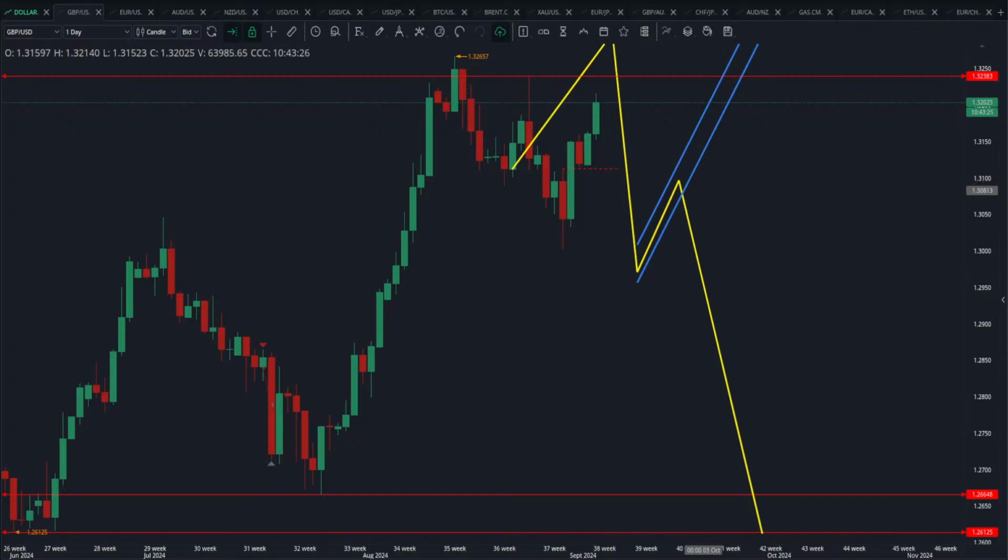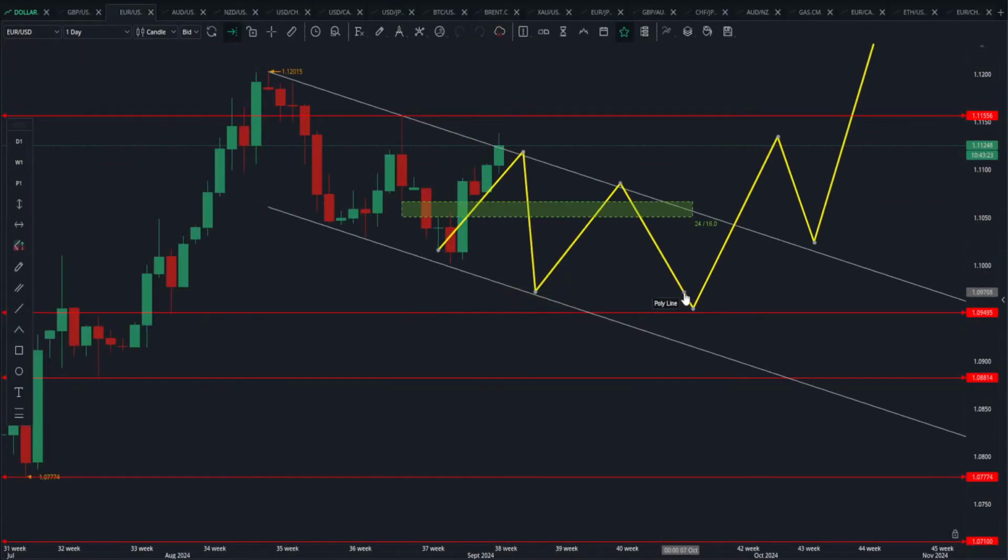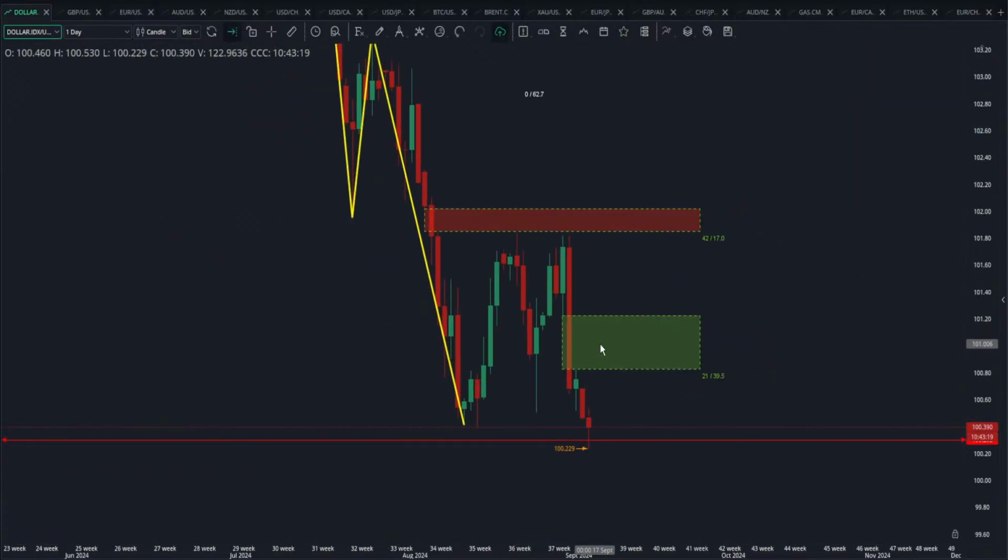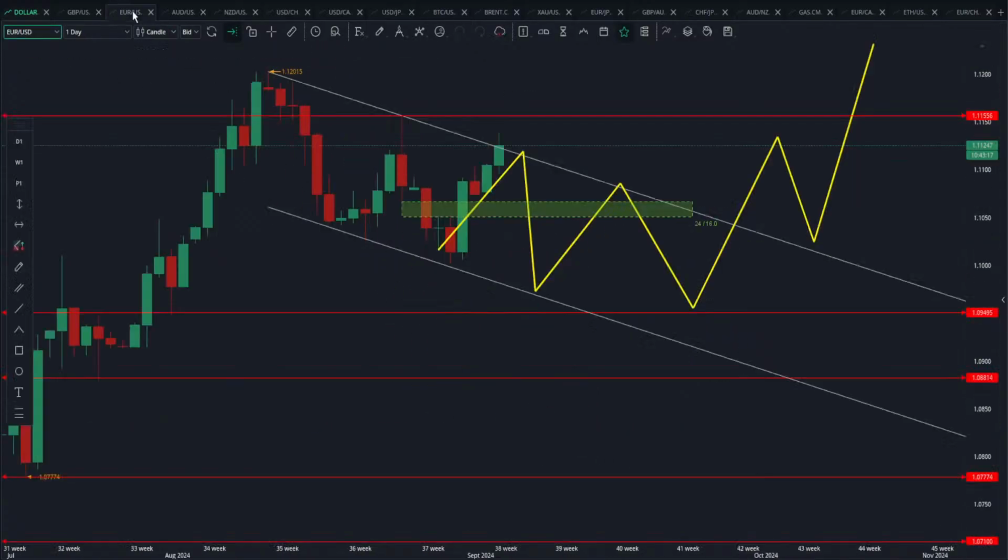The next is the euro. Euro is in a similar case. You see, the dollar has tested the previous lows, but euro and pound have not tested the previous highs. This means that there is some divergence, and these markets are heavier.